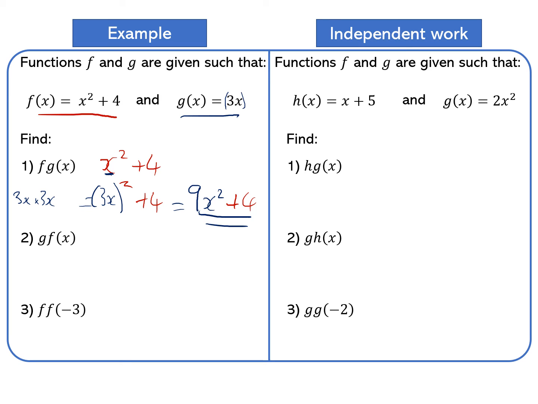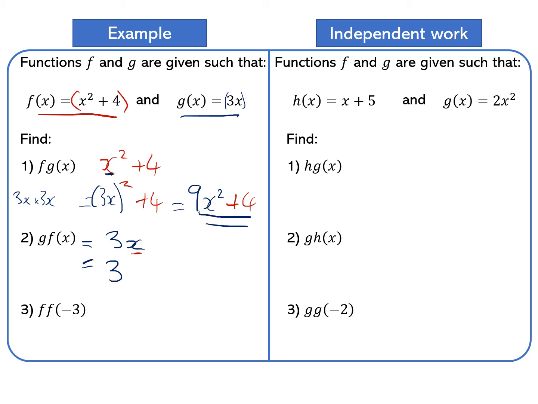Question 2, we have g of f of x. So first thing I see is the g, so let's write that out. Now I'm going to replace that x with my function of f. Again, place that in a bracket. So we've got 3 bracket.